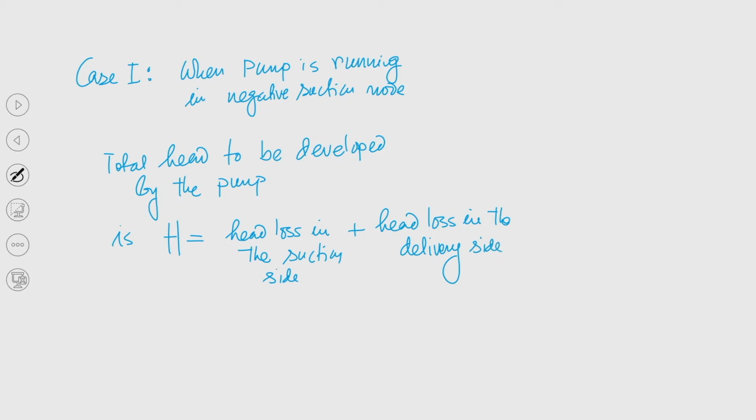If we give this as small h1s and this as h2d, that is the total head that should be developed by the pump. Now, if we look at these two components, that is the head loss in the suction side as well as the head loss in the delivery side.